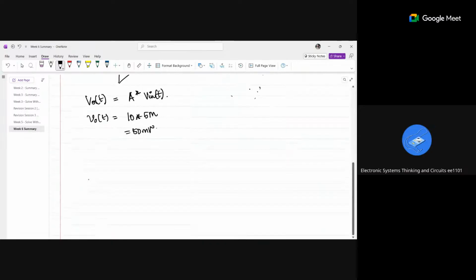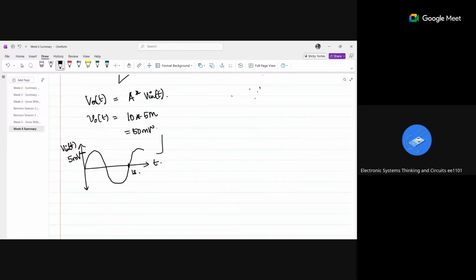So if I have my input signal as a sine wave whose peak voltage is 5 millivolt, and its frequency, let me say, is 1 hertz.